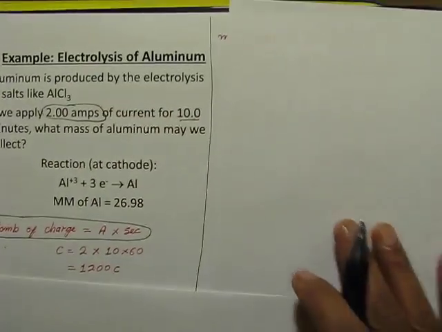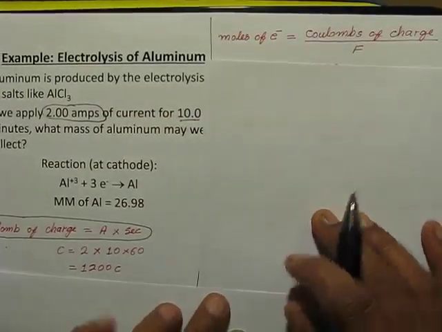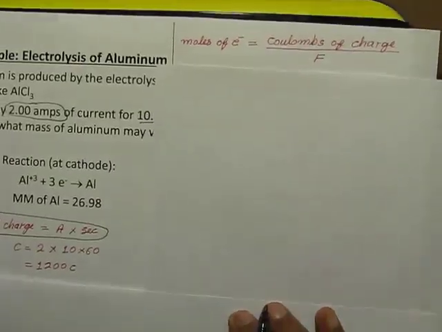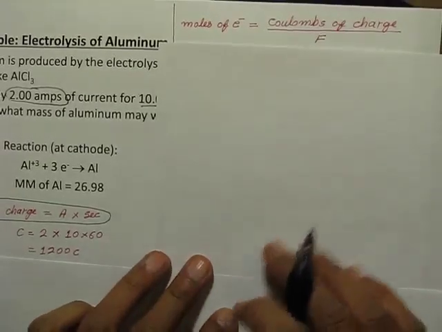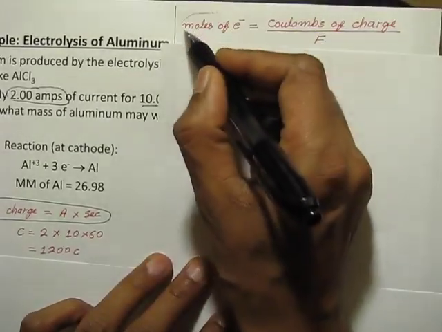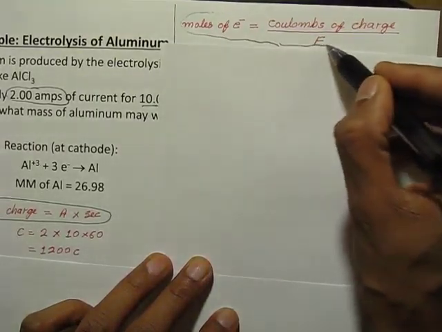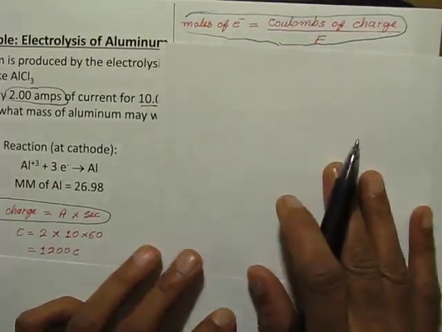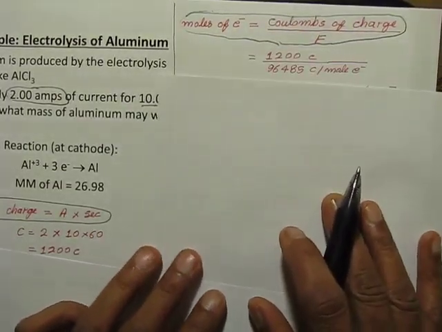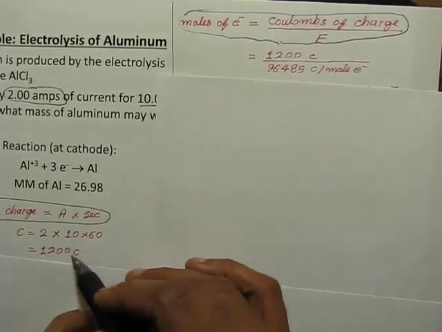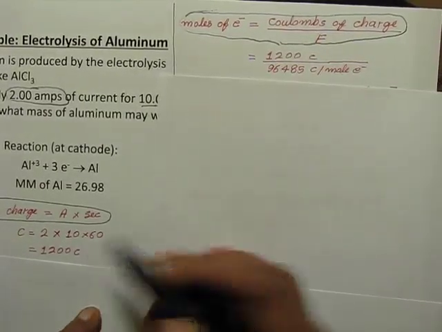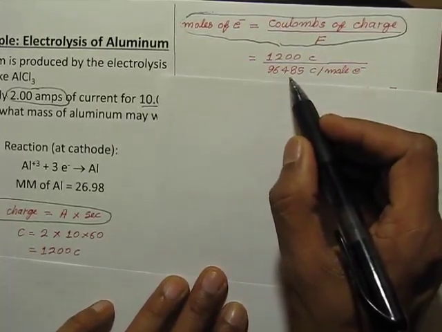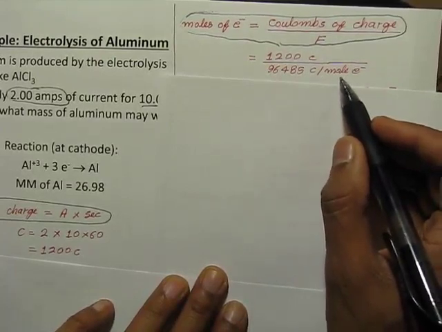Let's see what we have to do next. We have to convert this number of coulombs of charge into number of moles. We use this relationship: moles of charge is equal to coulombs of charge divided by F, which is Faraday. Since we have calculated the coulombs of charge as 1200, we use this value and divide by 96,485 coulombs per mole electron.